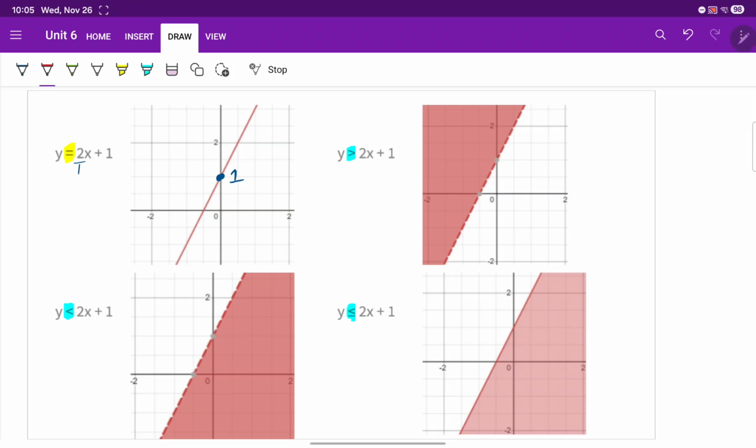If I were to read the one in the top right, I would read that as y is greater than 2x plus 1.